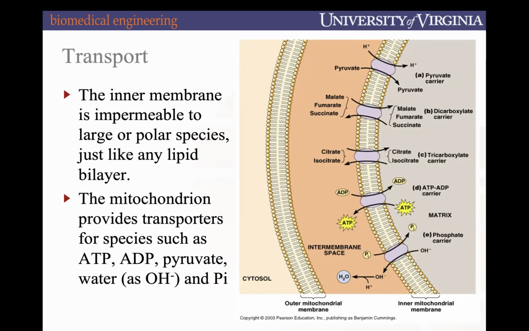Some of the molecules that we've touched on, from pyruvate to malate to fumarate to succinate, citrate, or isocitrate, all rely on these key transporters at the membrane to help shuttle them into the matrix.